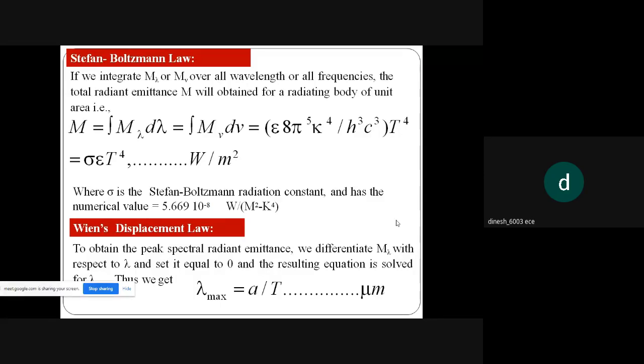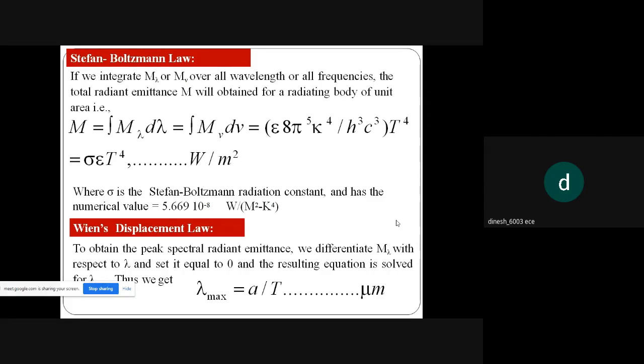That is, M equals the integral of M lambda d lambda, or the integral of M nu d nu. You get the value sigma epsilon T to the power 4, where T is the temperature, measured in watts per meter squared. Sigma is the Stefan-Boltzmann radiation constant and has a numerical value of 5.7 times 10 to the power minus 8 watts per meter squared K to the power 4.